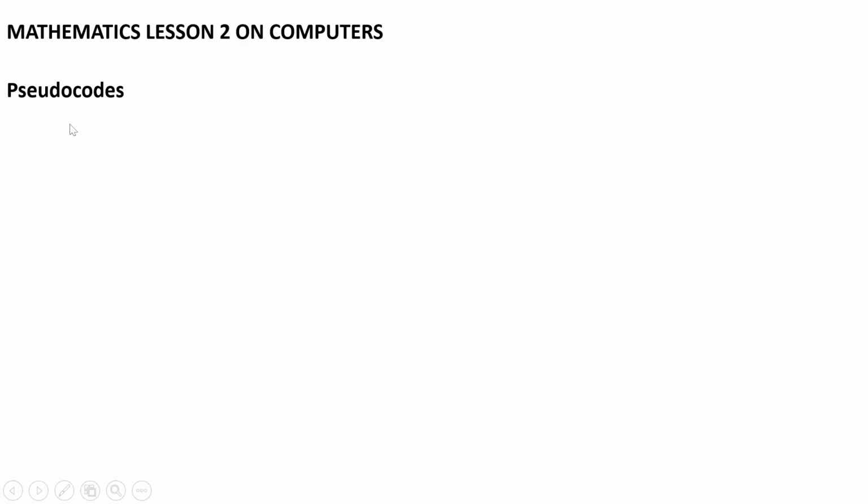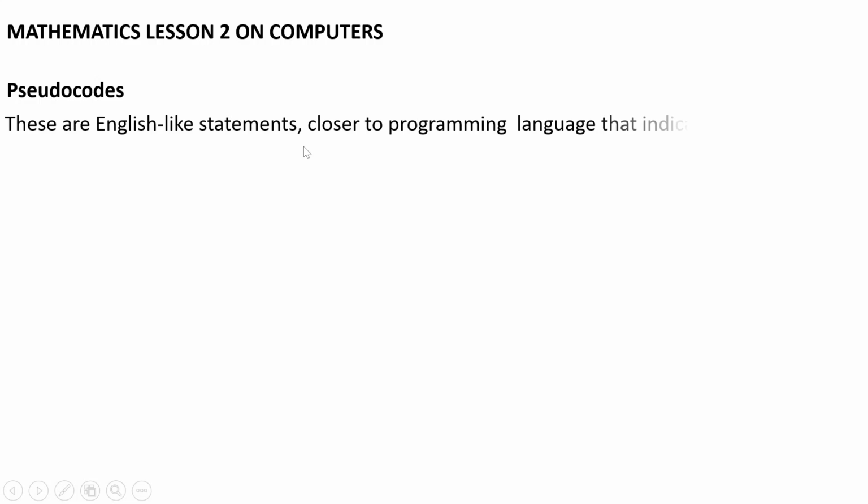So what are pseudocodes? These are English-like statements closer to programming language that indicate steps followed in performing a specific task. So the key phrase here is that these pseudocodes are English-like statements. They are like sentences which are closer to programming language that indicate steps followed in performing a task.